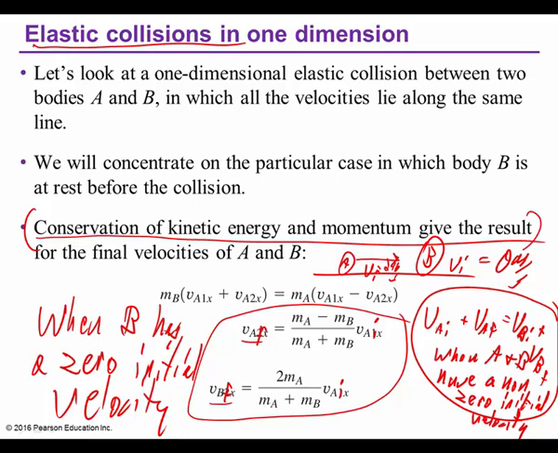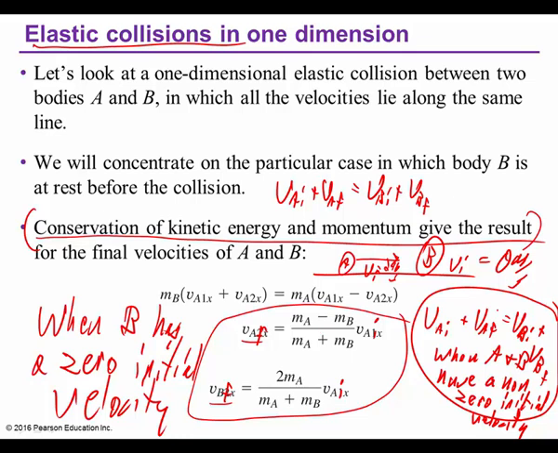So let me rewrite that. VA initial plus VA final is equal to VB initial plus VB final. What you notice is that like terms are on the same side. If you look at momentum, it's not like that, so you have to do a little derivation.